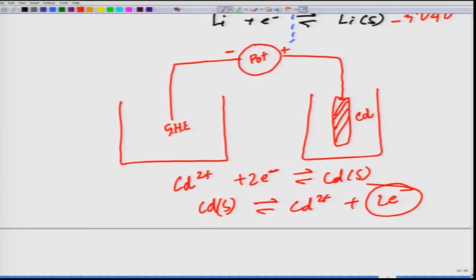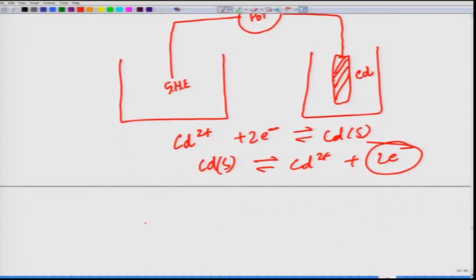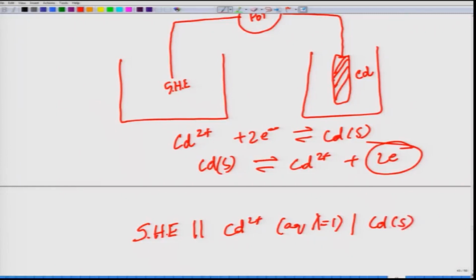Now, what we are observing is, you have on one side the cell like this: standard hydrogen electrode SHE, Cd2 plus in aqueous with activity equal to 1 and Cd solid.